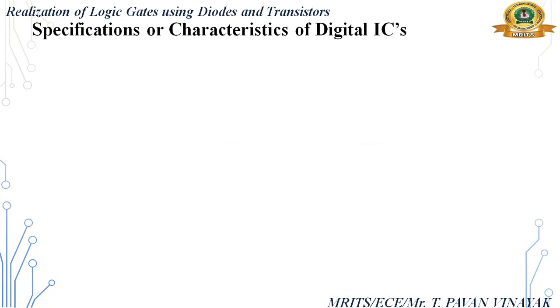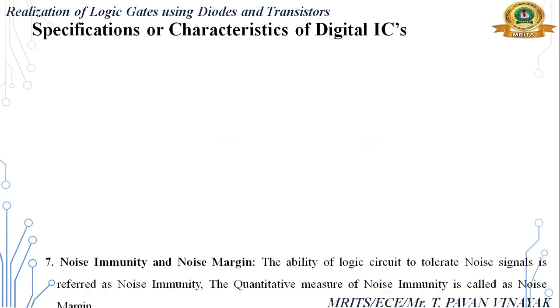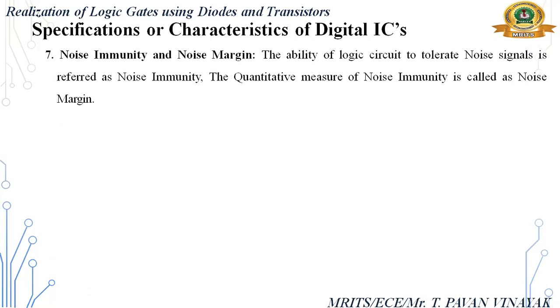Okay. Now, another specification: noise immunity and noise margin. So, what is noise immunity? Generally, while giving connections, suppose this is an AND gate. I am taking inputs here and the output here.